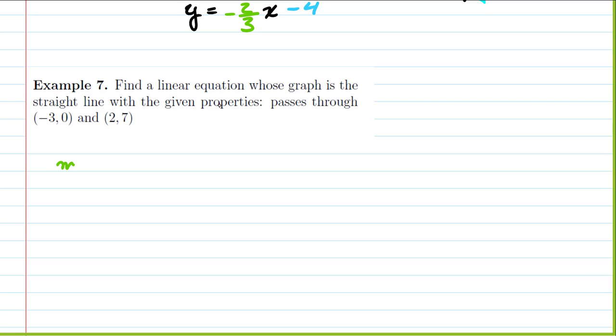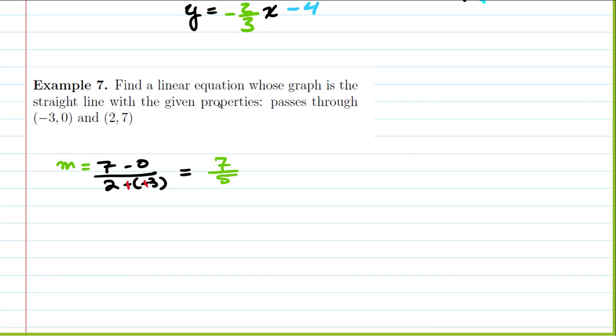So we would have m is equal to 7 minus 0 over 2 minus negative 3, which would then give us, we have a minus is plus, or you can just type all this into your calculator. We get 7 over 5.